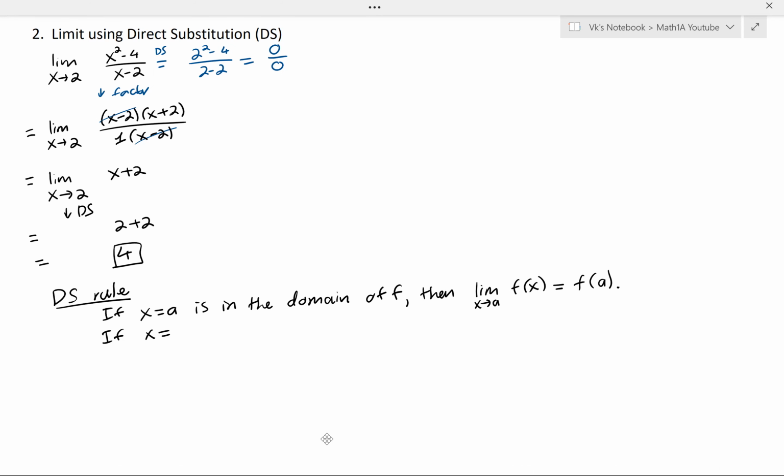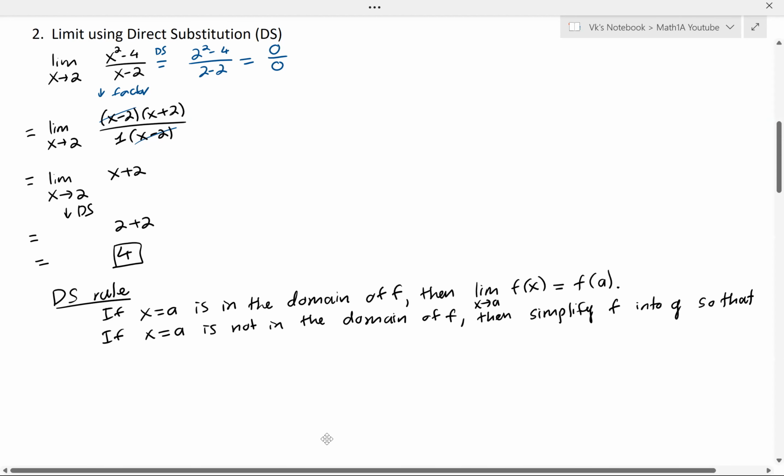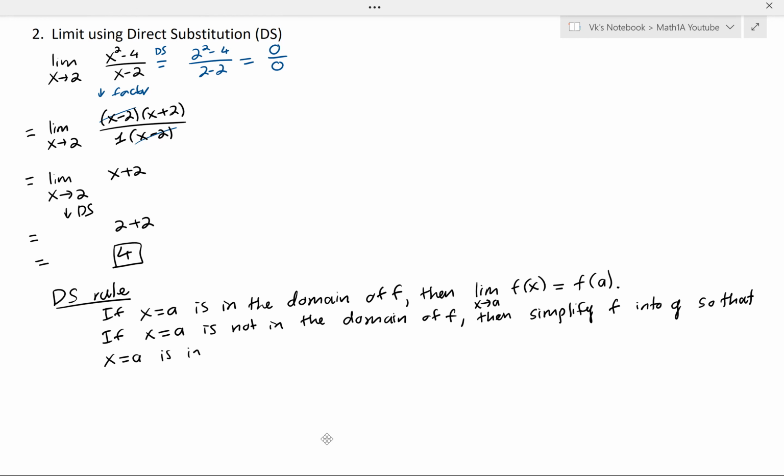If x equal a is not in the domain of f, then simplify f into g so that x equal a is in the domain of g.